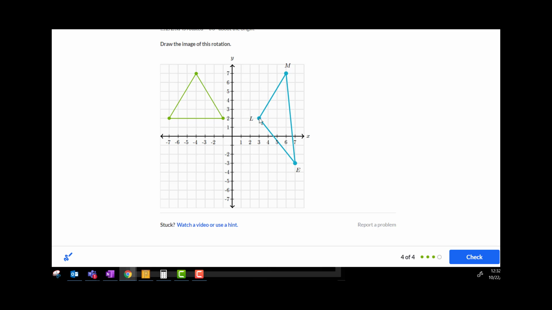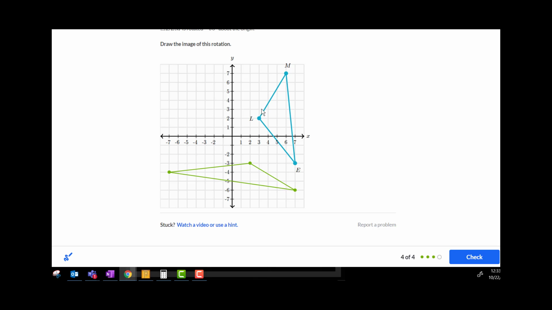So 3 and 2 for L prime, so we switch the X and Y coordinates, and so that's going to be at 2 and negative 3. Here's L prime. And then M is at 6 and 7, so flip your X and Y coordinates, so that's going to be 7 and negative 6 right there.